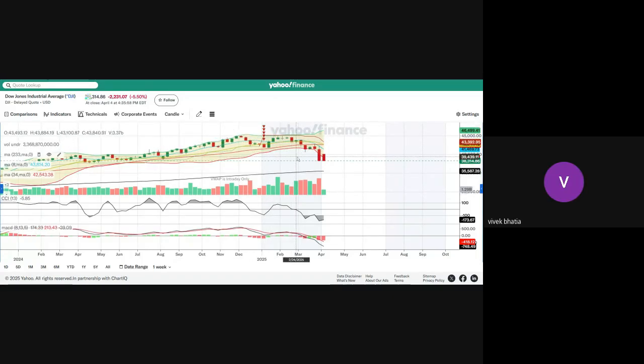Your 233 moving average, which is 35,600. So weekly support is also being shown to you. Super trend has turned bearish on the weekly chart, and that is how analysis would be done. Go further and take it out to a day chart.